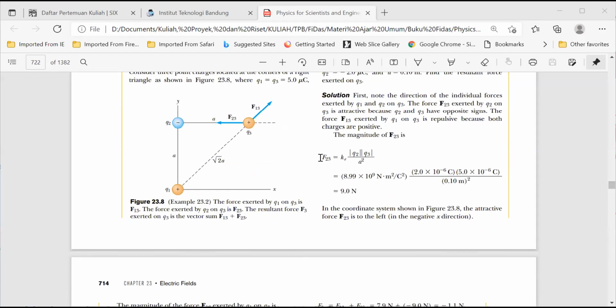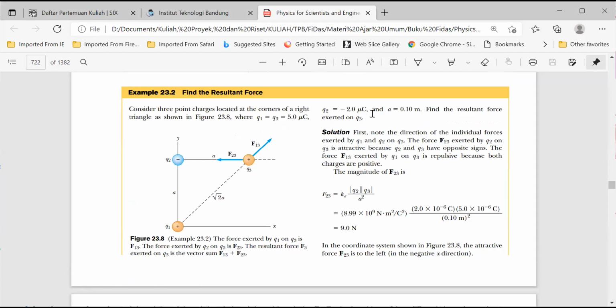So the magnitude of F23 is this one. Okay. So the magnitude of Q2 is minus 2 microcoulombs, okay, and the A here is 0.1 meter.